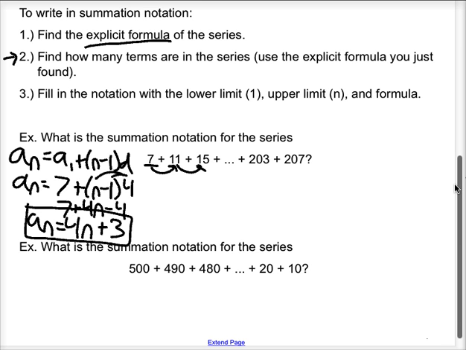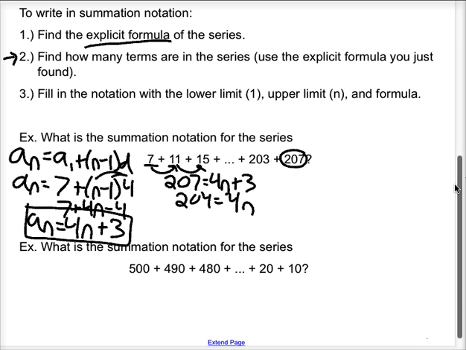Well, once we find that explicit formula, now we need to find what n is. So to find n, we're going to have to plug in that 207. So I plugged in that 207 for an, and now I can figure out what n is. I'm going to subtract 3 from both sides. So 207 minus 3 is 204.